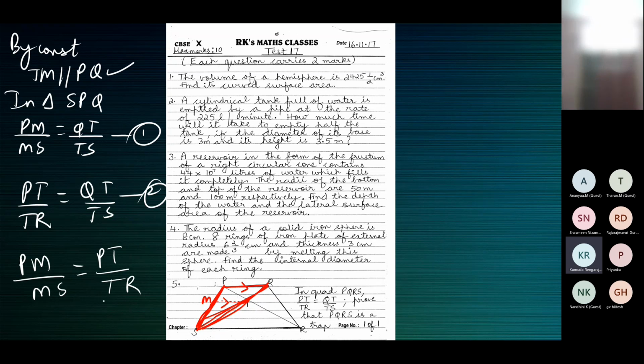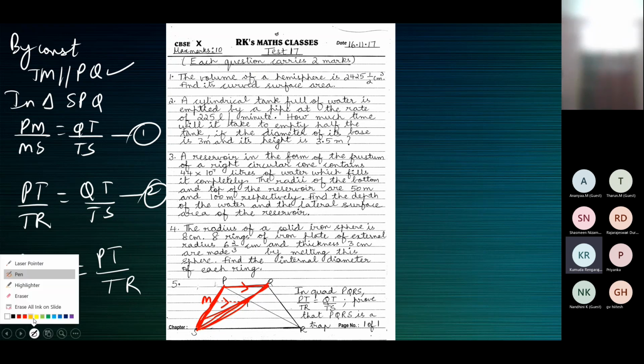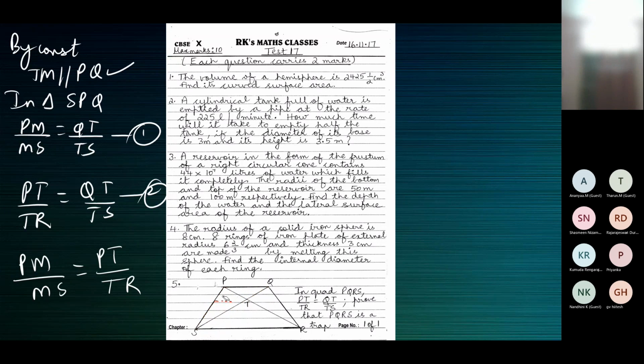Now look at this proportion. PM by MS, where is it? Okay, this one. PM by MS is equal to PT by TR in this triangle.